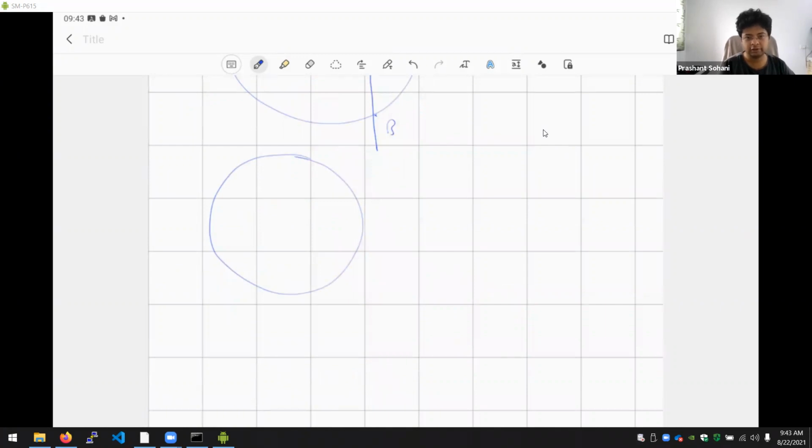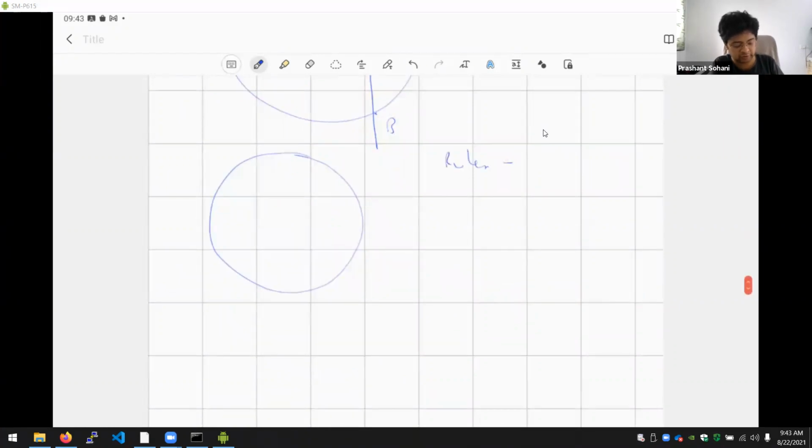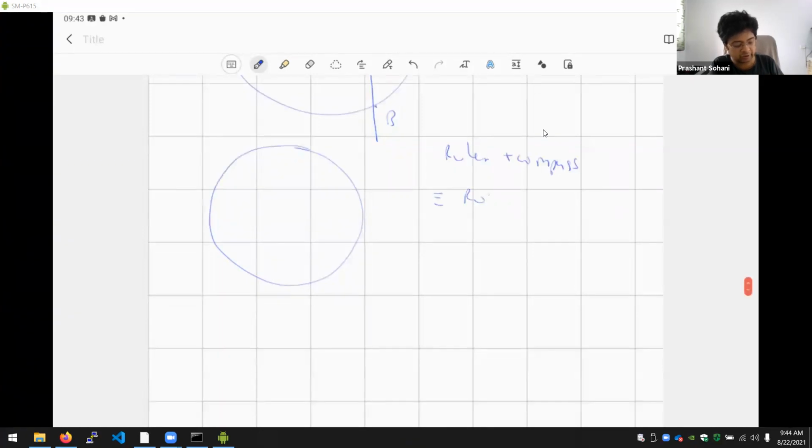You can do any construction in geometry which you can do with a ruler and compass. So ruler and compass are equivalent to ruler and one fixed circle given in the plane. With the help of this single circle, you can do every other construction which is doable with the compass also.